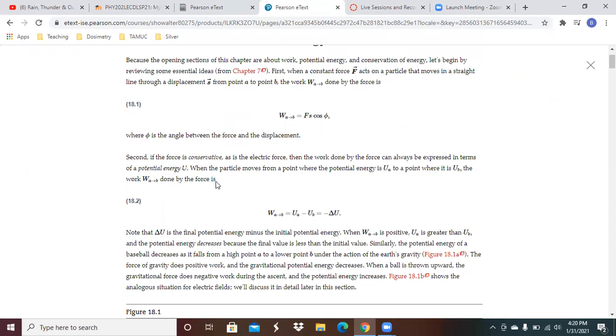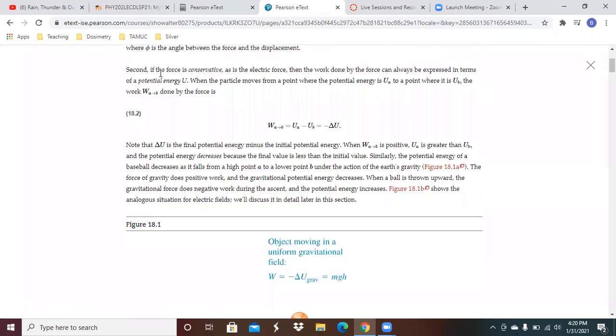We're also going to need to look at the fact that if the force is conservative, and the electric force happens to be, then the work done by the force can always be expressed in terms of the potential energy.